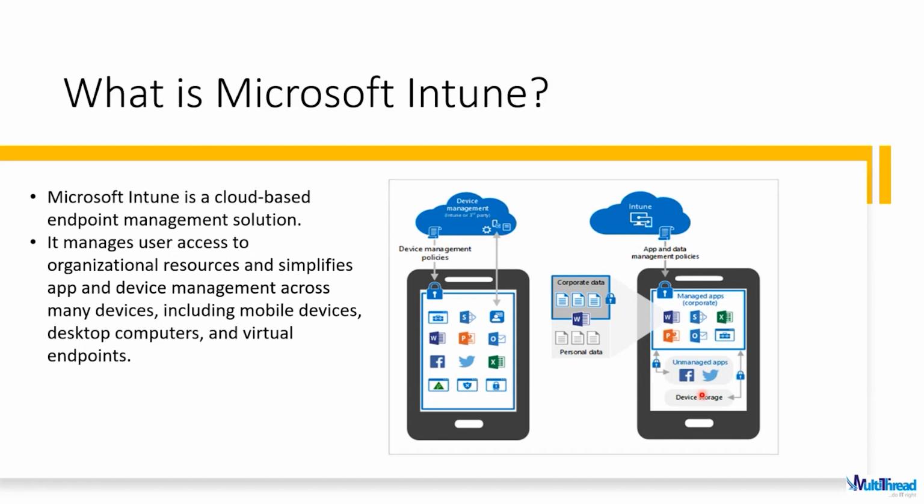In summary, Intune combines mobile device management and mobile application management to give us the flexibility we need to secure managed devices and apps, while also respecting users' personal privacy. It is that balance between control and user friendliness that makes Intune a powerful solution.